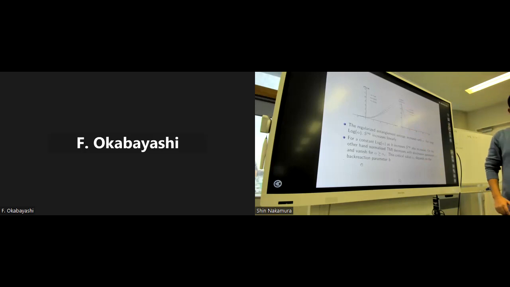I have one question. I think that the Hawking temperature depends on the value of B. Are you fixing the value of the Hawking temperature when you compare different B's? Yes. So there are three parameters.